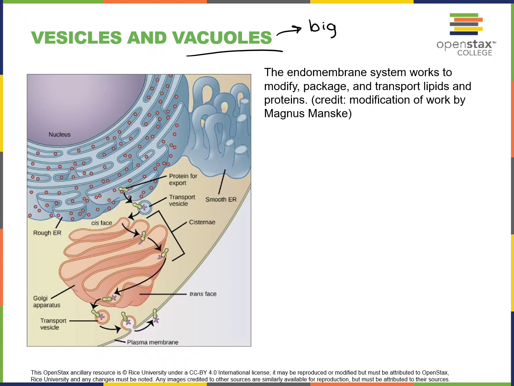And the membrane doesn't necessarily fuse with other membranes, it just kind of stores the things themselves. Okay. But you can think of both of these as bubbles for transport and storage.